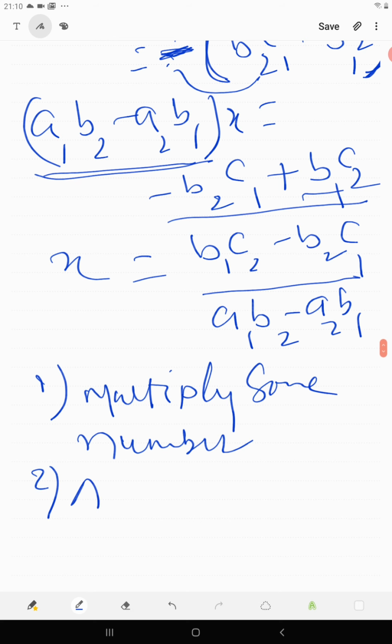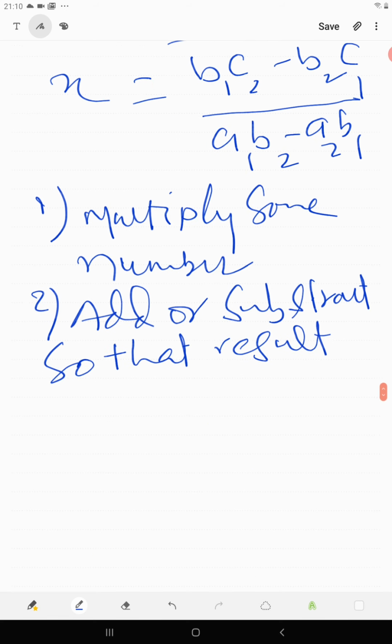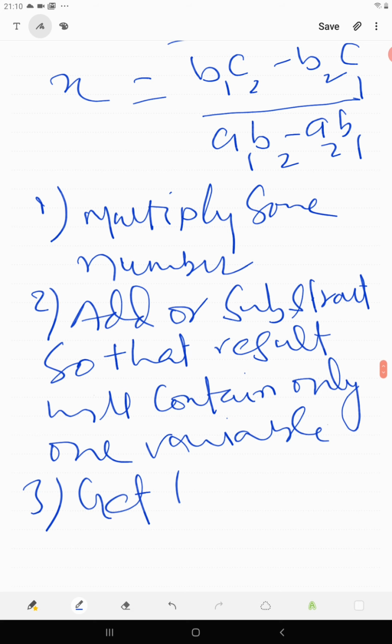Second is add or subtract so that the result will contain only one variable. Third is get the solution for that variable.